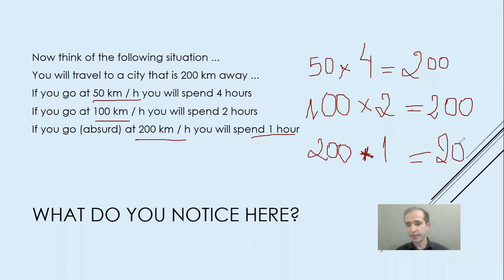We have, in this case, 200 again, okay? Are you seeing some pattern? Obviously, you are seeing a pattern: all the times when I did these multiplications between the two pieces of information, speed versus duration, we get the same value in the end, okay?